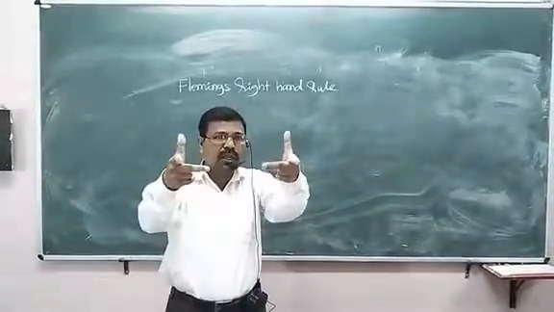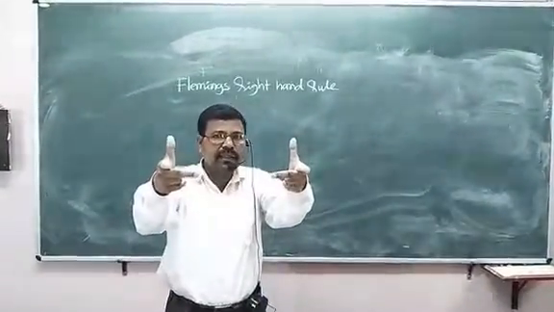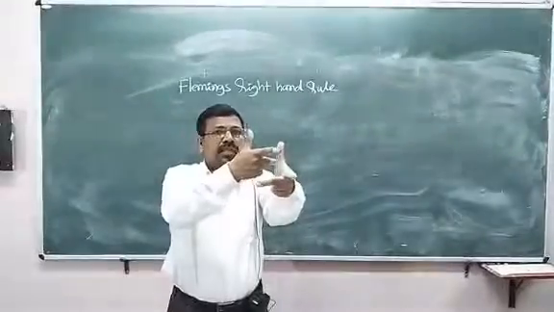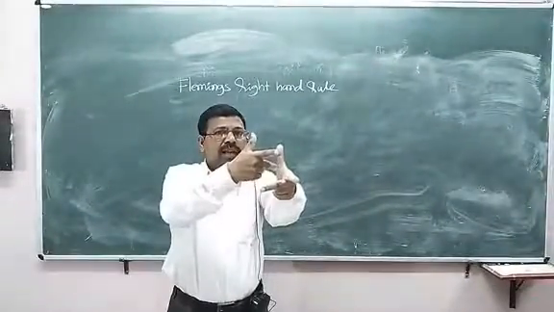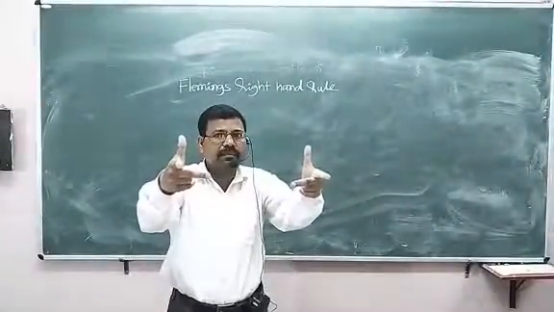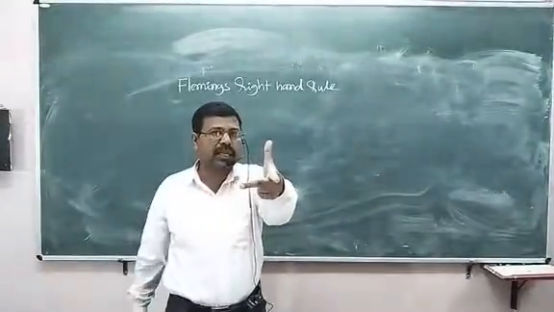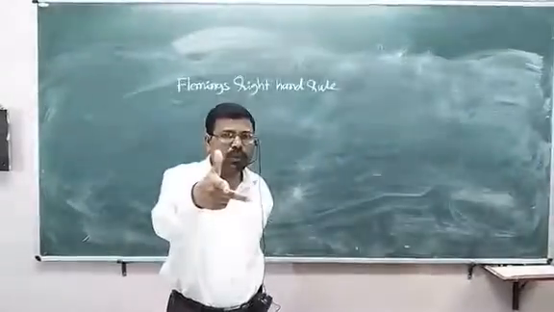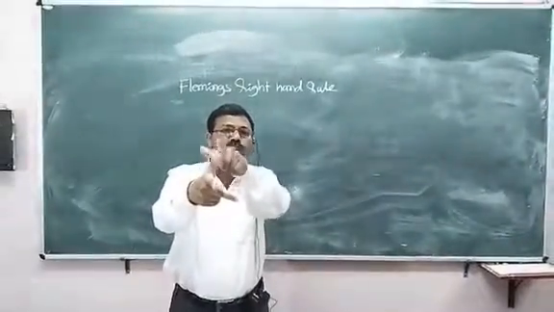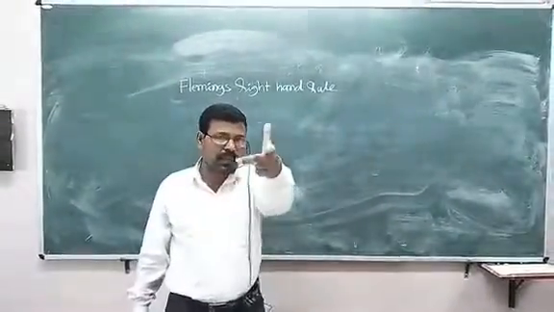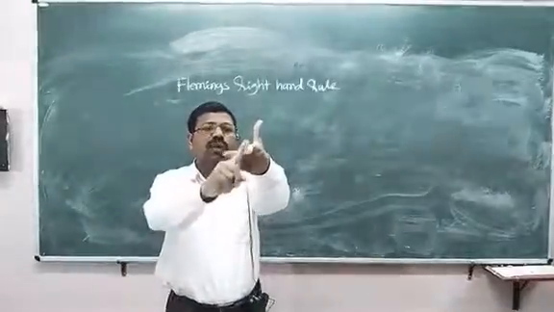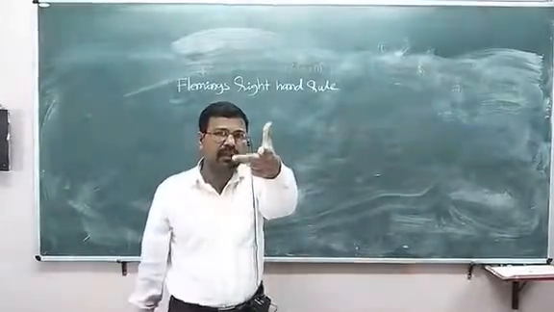Compare both rules, left hand and right hand. In the left-hand rule, the thumb shows the direction of force. In the right-hand rule, the thumb shows the motion of the conductor. In the left-hand rule, the forefinger shows the direction of magnetic field.